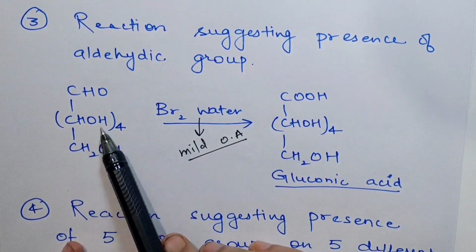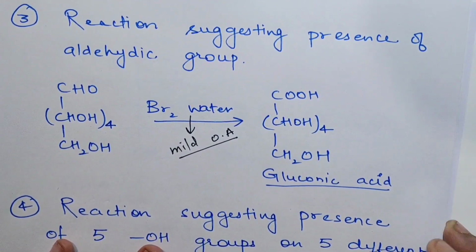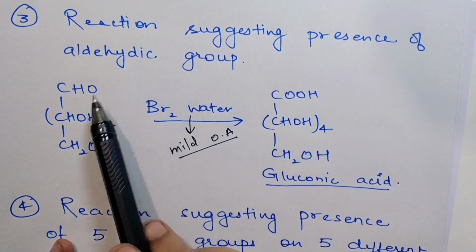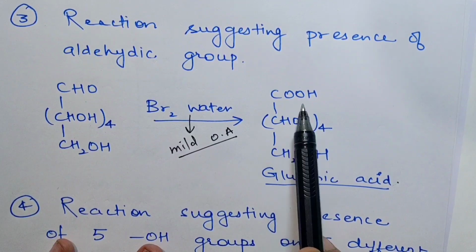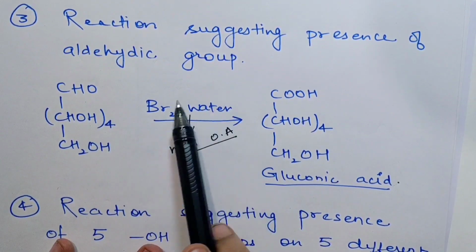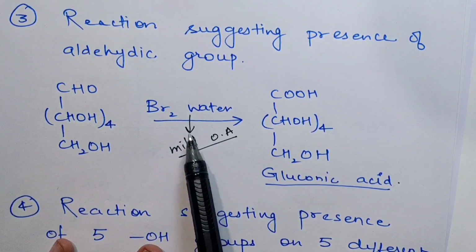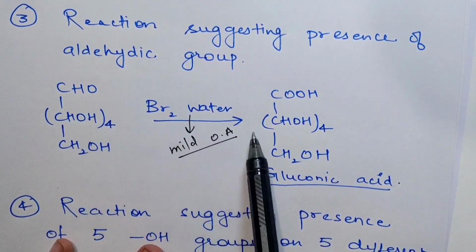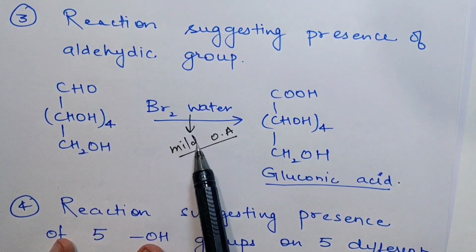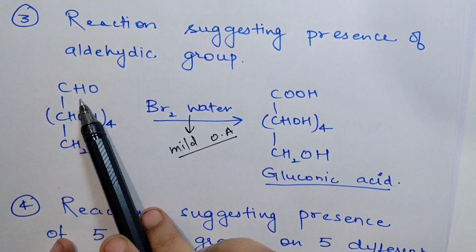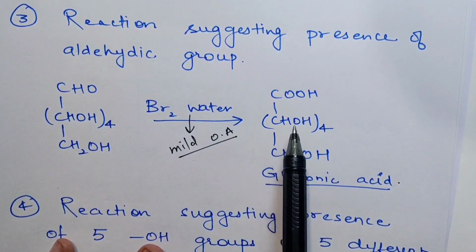So when glucose was treated with bromine water, we got gluconic acid. That means there was an aldehyde group which got converted into carboxylic acid. This suggests that there cannot be a ketonic group here because ketone cannot be oxidized by a mild oxidizing agent. Since bromine water is a mild oxidizing agent, it can only oxidize aldehyde to acid and not ketone.